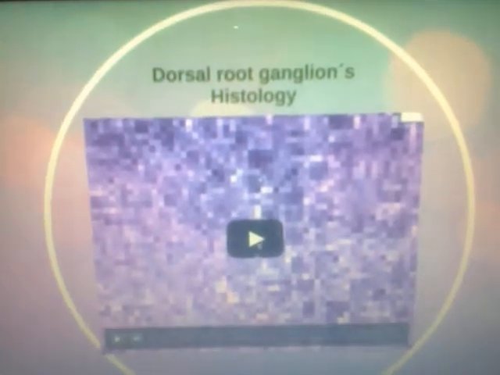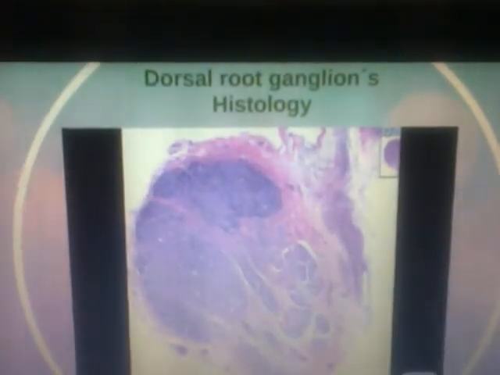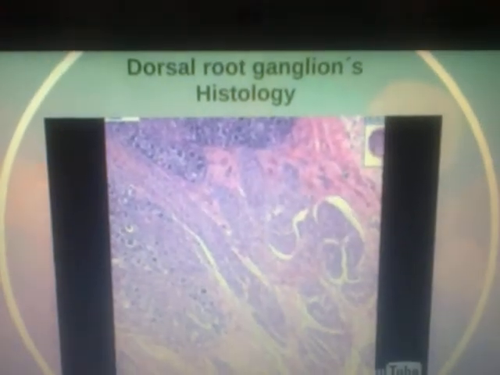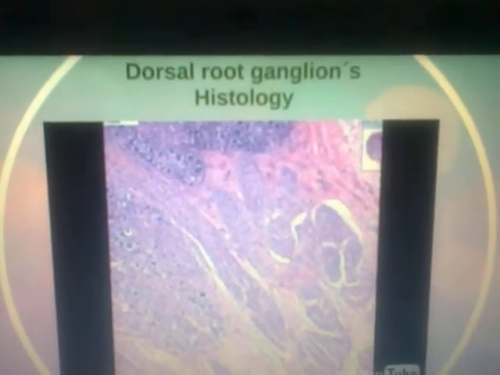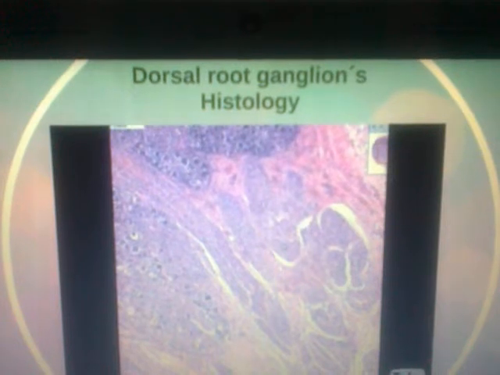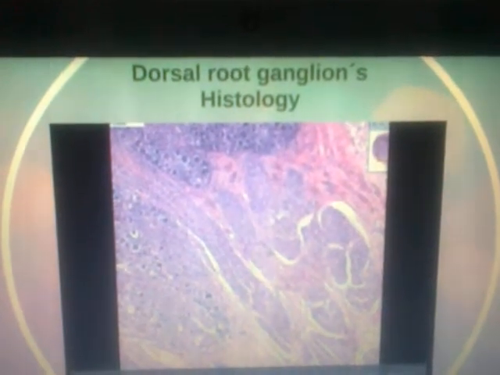Now, dorsal root ganglion histology. What is this? Well, it'll soon become apparent. As we zoom in, we could see things that we have seen all throughout the shotgun histology series. We could see a lot of big nerves.